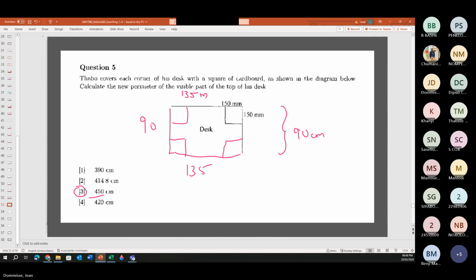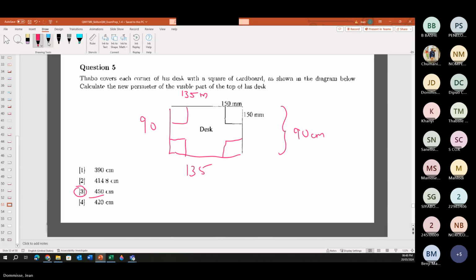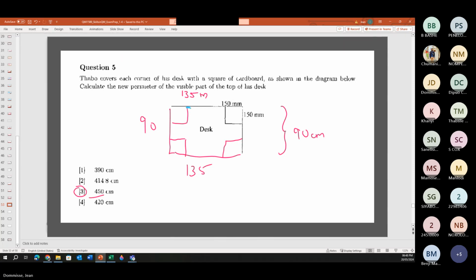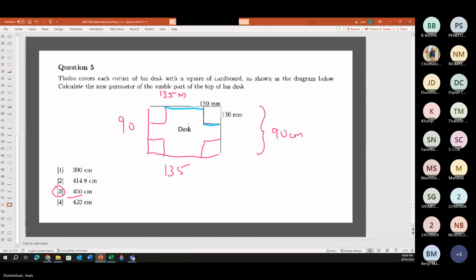Okay, so look at that line plus that line plus that line would have been 135. So that perimeter would have been exactly the same. Let's look at the perimeter: that line plus that line plus that line, again 135, so the perimeter would be the same.